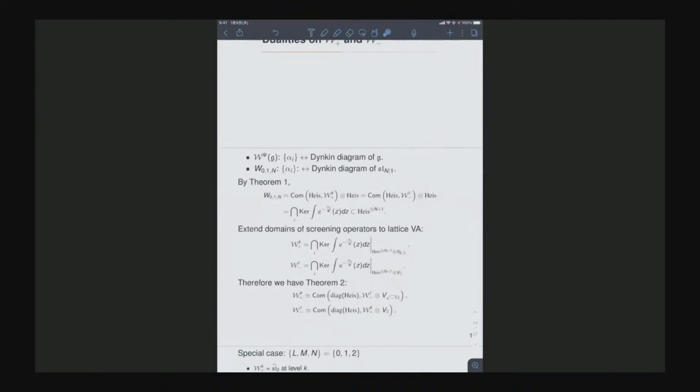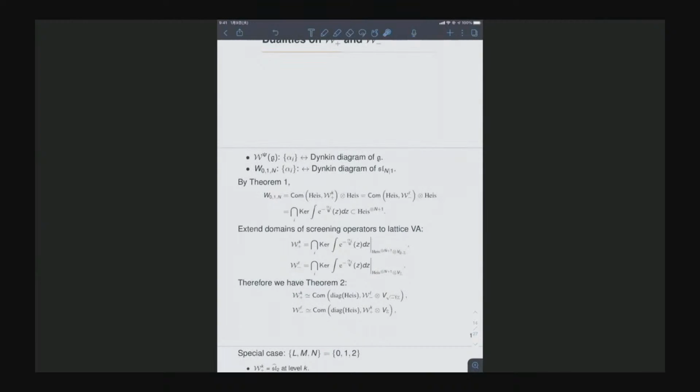So using Theorem 1, W_{0,1,n} is isomorphic to the Heisenberg commutant of W_+, and by Creutzig-Linshaw, the Heisenberg commutant of W_-. And this by definition can be identified with the screening kernel, and α corresponds to the diagonal inside the box space.